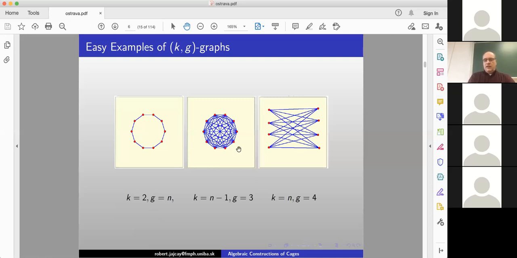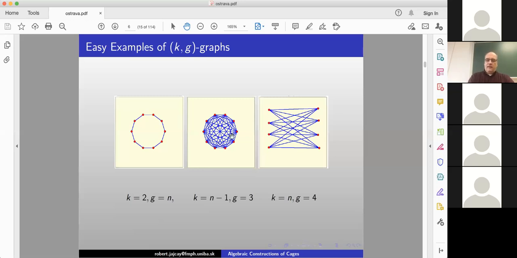Here's another extreme sort of case. This is a graph where each vertex is of degree n-1, and the girth is 3. And the smallest graph with these properties is obviously, if each vertex is of degree n-1, it has at least n vertices. This graph has n vertices, and each vertex is of degree n-1.